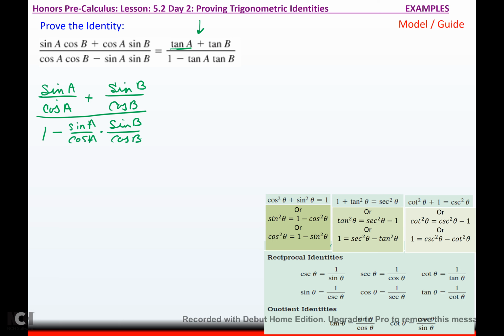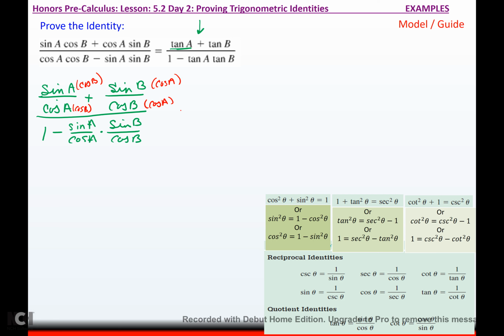Alright, so now if I get a common denominator on top, which will be cosine A times cosine B, I'd have to multiply both top and bottom by cosine B here, and top and bottom by cosine A here.